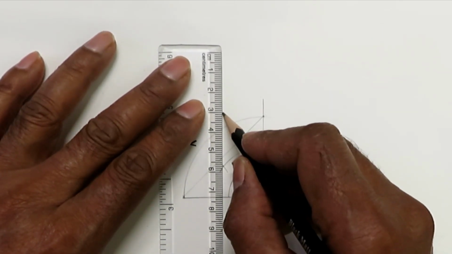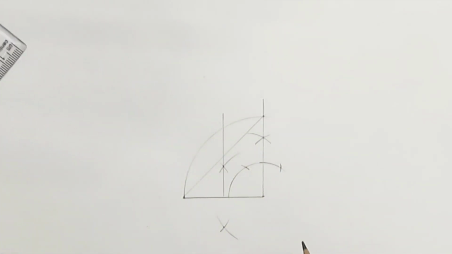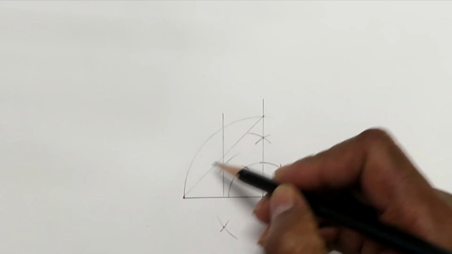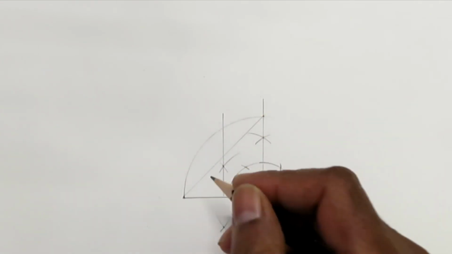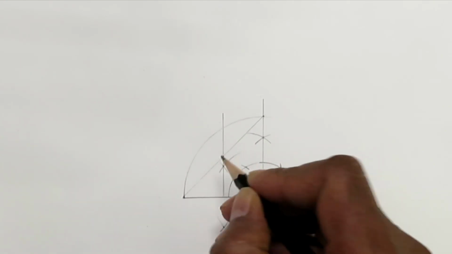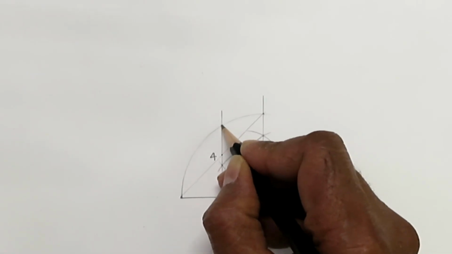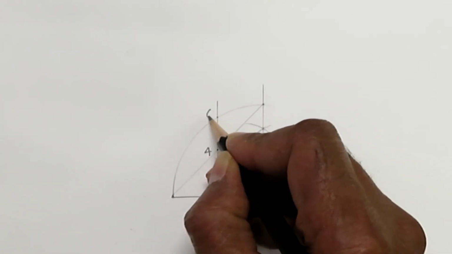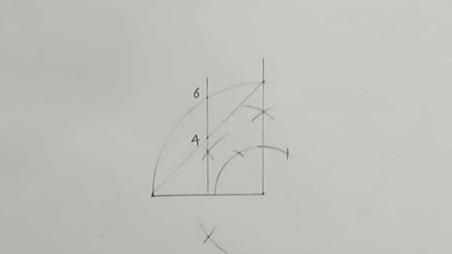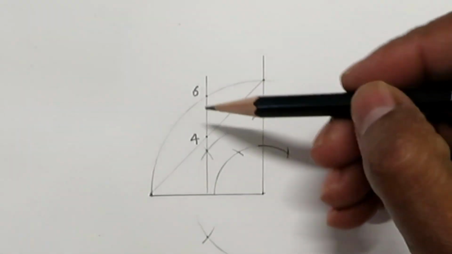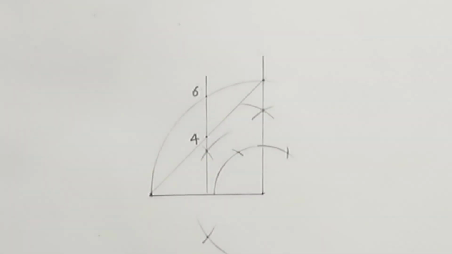So draw this dividing line, a very thin line. Now this dividing line cuts this diagonal line and this arc. So these intersection points, first intersection point designate as 4 and this as 6. And now divide the line segment 4, 6 into half.